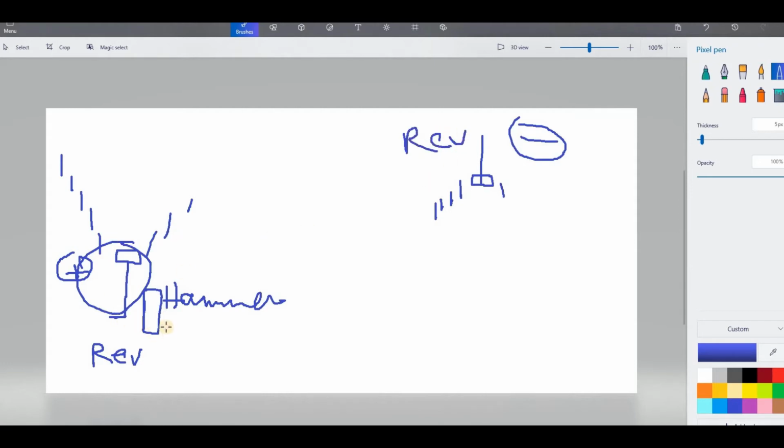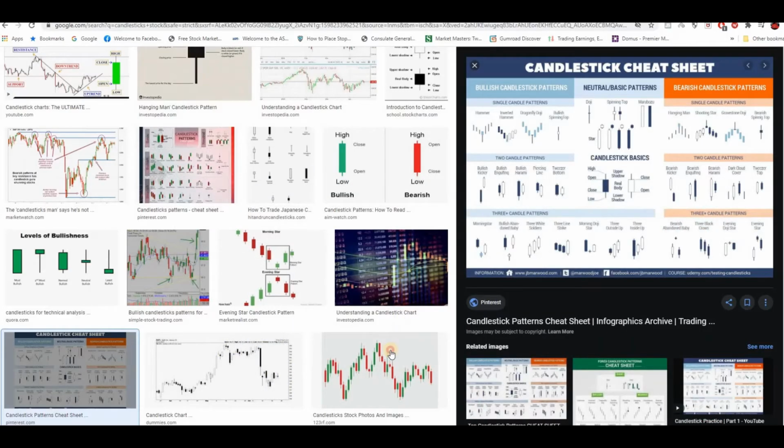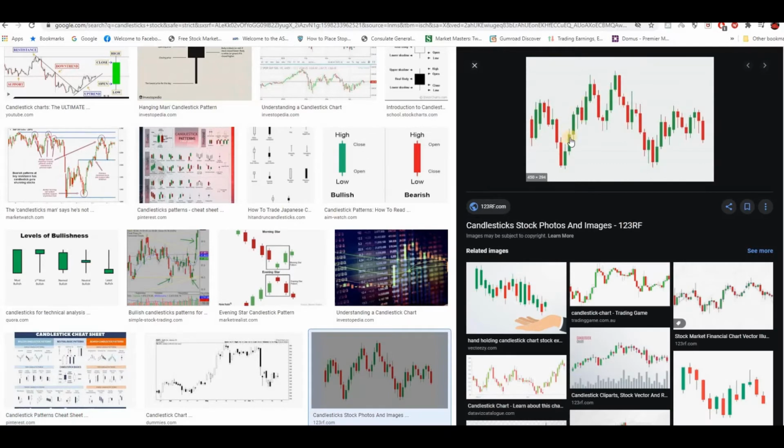I'm not going too deep into price action here. I'm just giving you an idea. For me, what I'm looking at the most: if you have a green candle like that, that's a bullish candle. It shows you that the bulls are pushing the price higher. Candles like that are bullish candles, and same thing for the others.